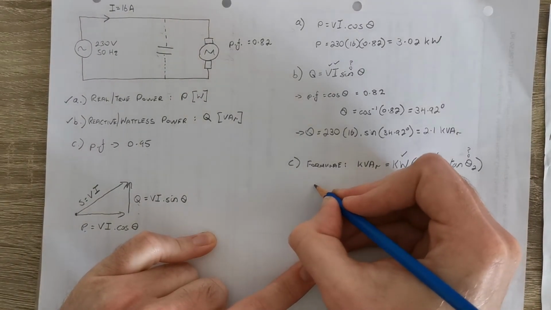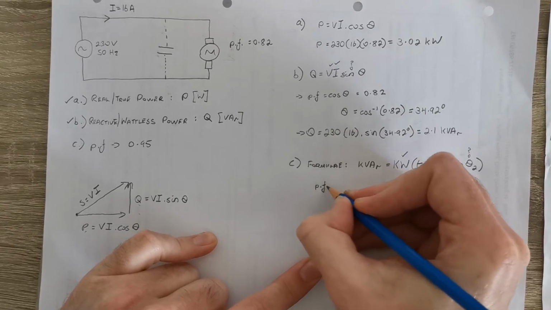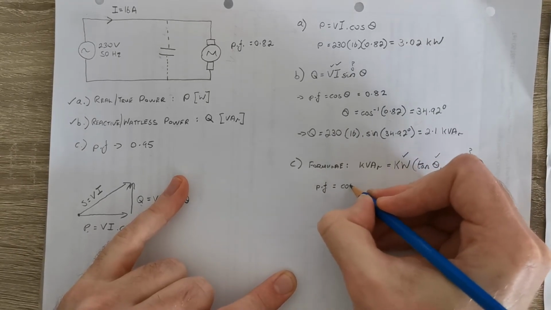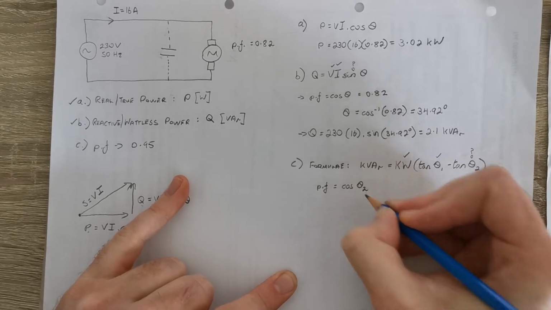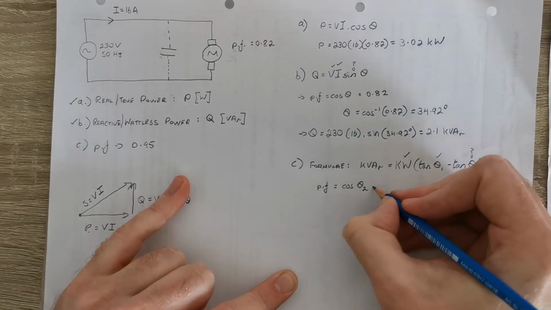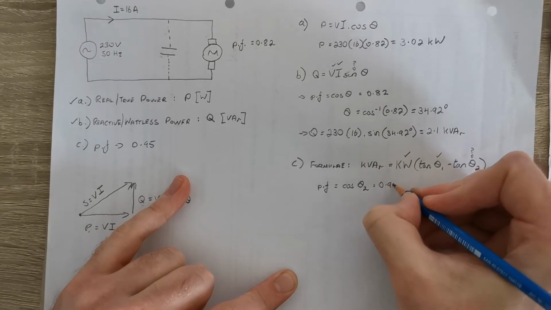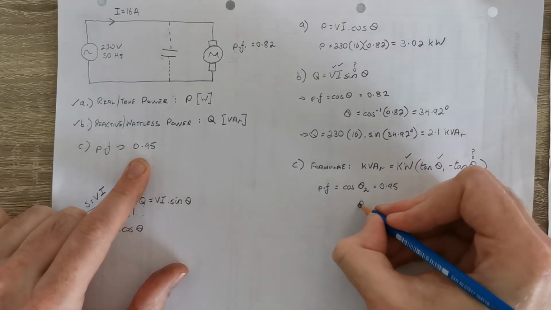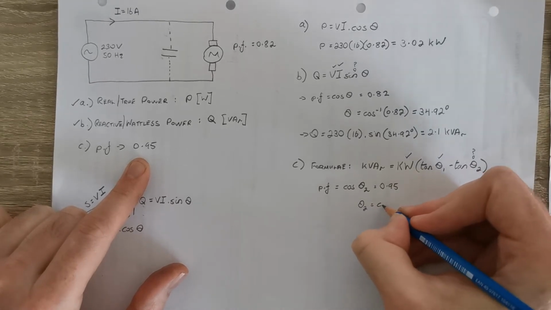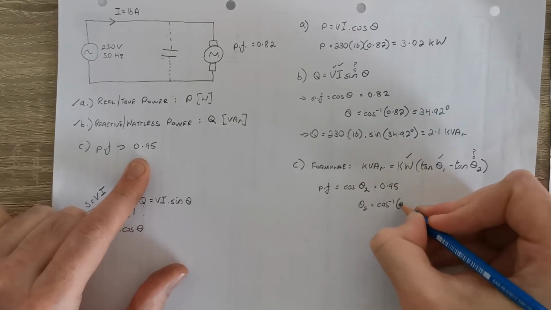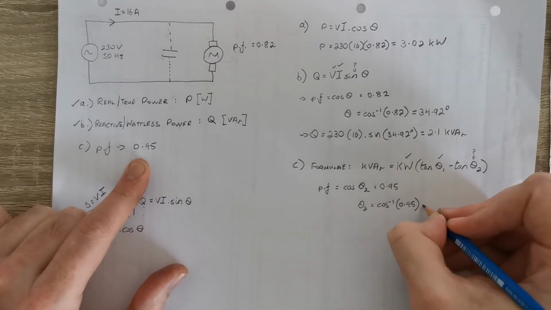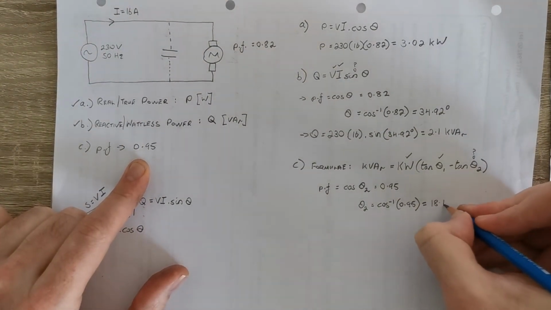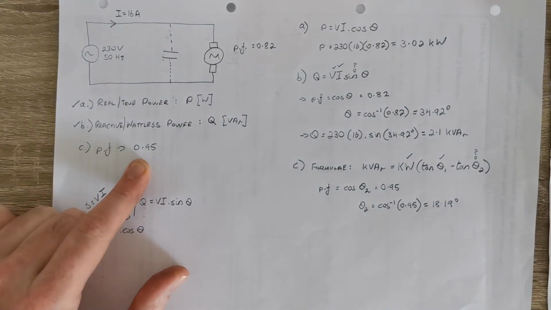So again, the power factor after correction is the cos of that angle, and it's equal to 0.95. So theta 2 will be the cos inverse of 0.95, which works out at 18.19 degrees.